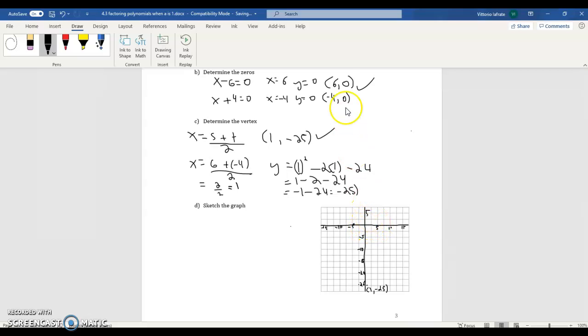And then for our other one, 6, 0, this would be 7.5 here, so just about over here for our 6, 0 value. And we can label those as negative 4, 0 and 6, 0.